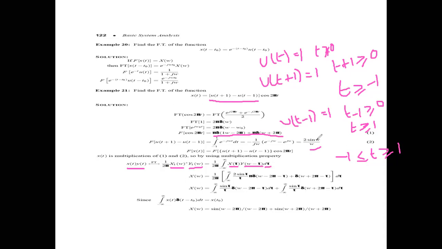X of tau means change the omega as tau here: 2 sine tau by tau. And y of omega minus tau. So wherever omega is there, substitute that omega as omega minus tau. So pi delta into omega minus tau, already we have the minus 2 pi.